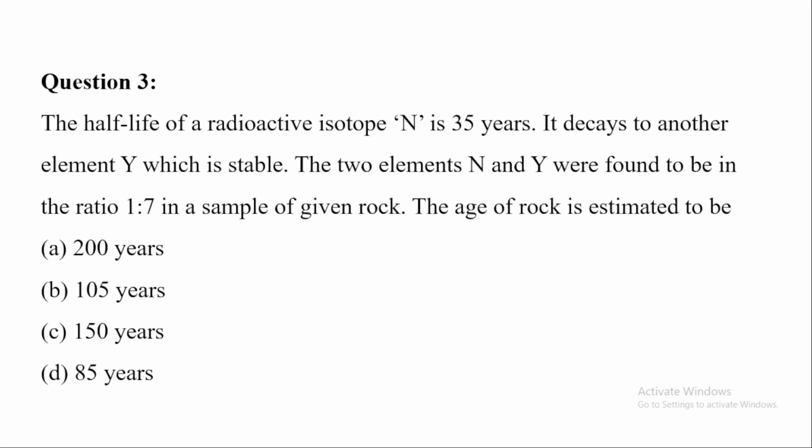That means 1 part of N is present and 7 parts of Y is present, as N has decayed into Y. So we have to estimate the age of the rock. So how will we solve this question? Let's see.